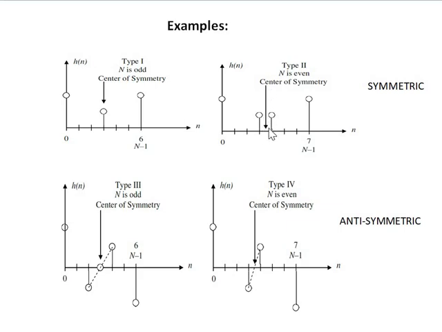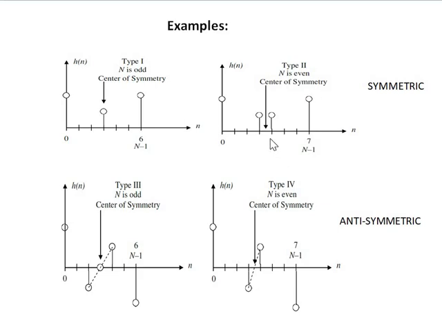If you observe here, magnitudes are equal from this and from this. That means the 0 magnitude is equal to the 7 magnitude. Like that, even symmetry.